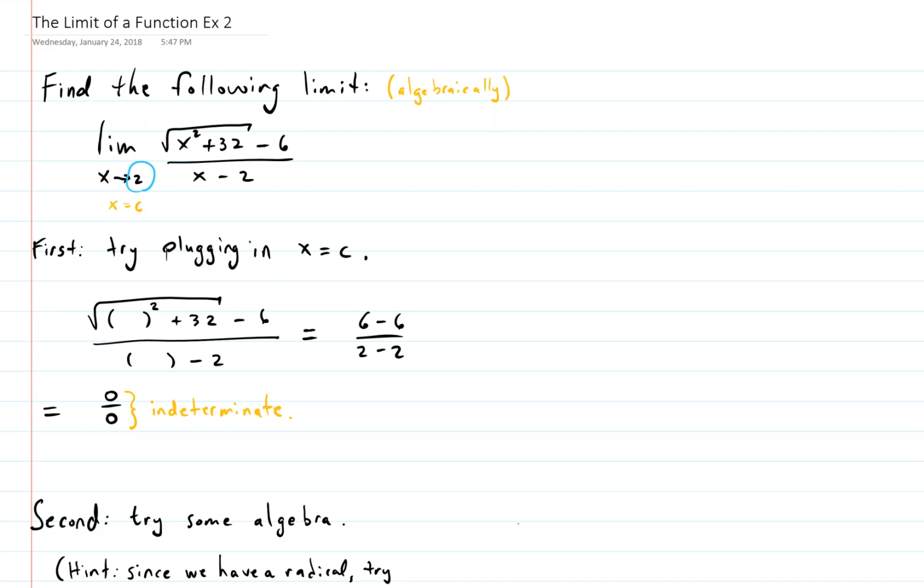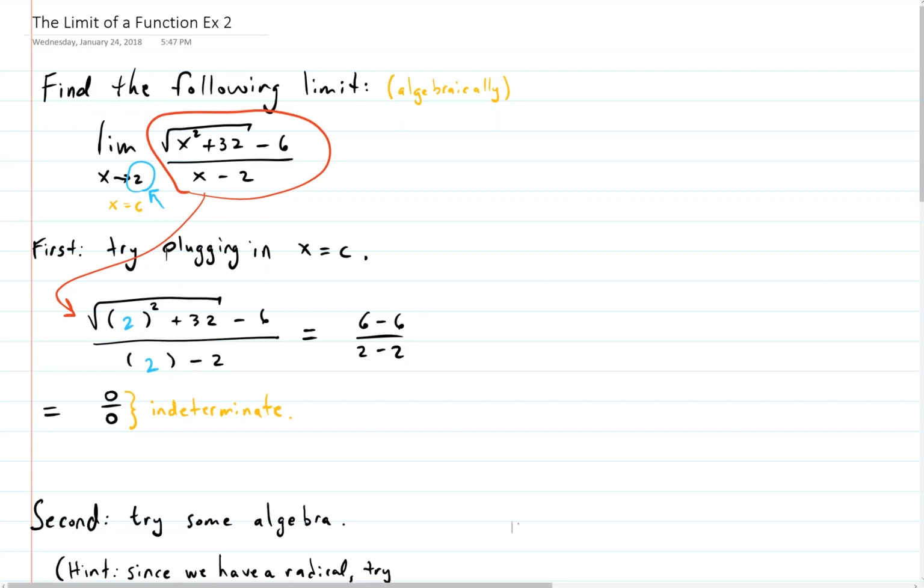So if we plug in 2, because 2 is our c value in our case, we take our function and plug in the c value of 2. So we have the square root of 2 squared plus 32, minus 6, and in the bottom, instead of x, we plug in 2. When we do some algebra, 2 squared gives us 4, plus 32 is 36.